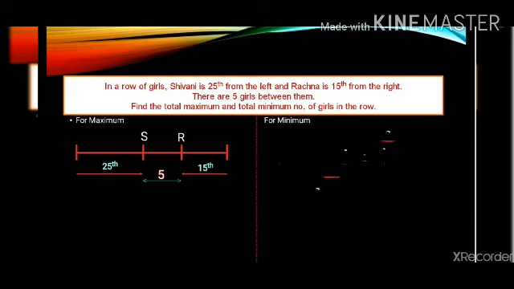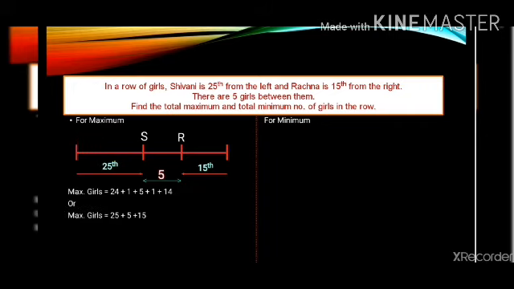Next, we can calculate using the formula. Like I said, the maximum number of girls will be 24, that is the number of people before S, plus 1, S themselves, plus 5, that is 5 girls between S and R, plus 1 because R is there, plus 14 because 14 people are there after R. Or you can directly write 25, as in S's place from the left, plus 5 because 5 people are there between them, and 15, that is R's position from the right.